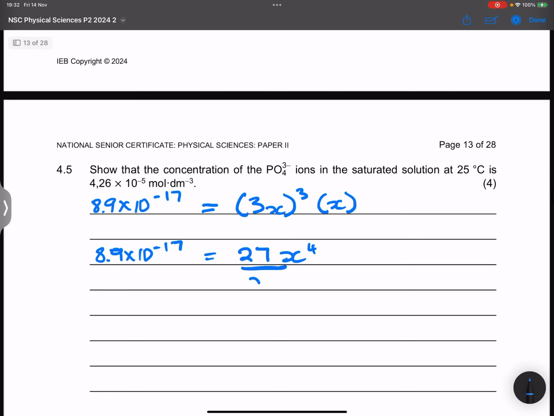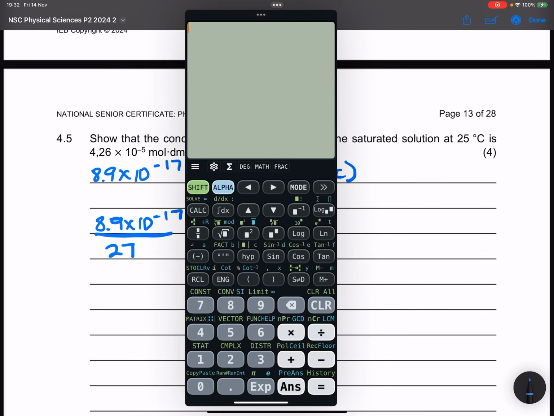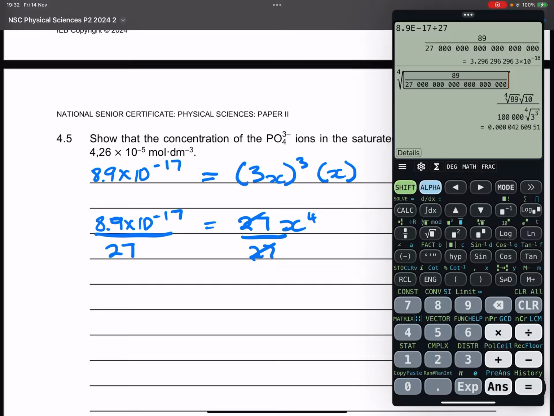Let's divide both sides by 27 and take the fourth root of it. That's 8.9 exponent minus 17 divided by 27, and I get that answer. Now we take the fourth root of the answer, and there we go.